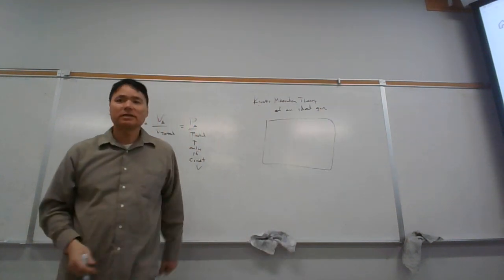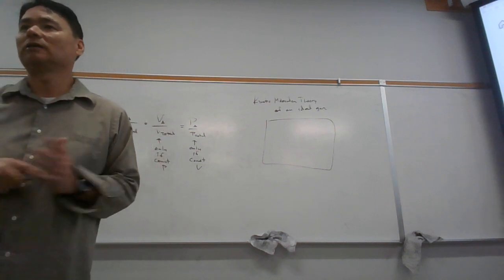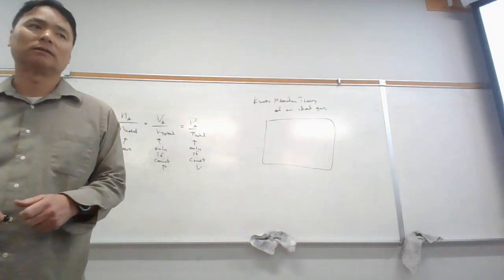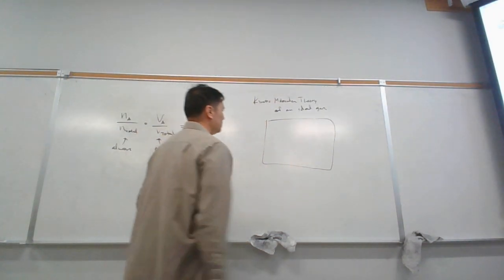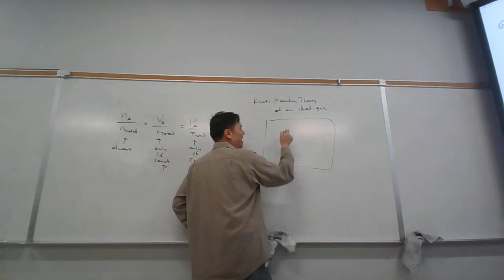Kinetic molecular theory states that if you have a gas sample, it consists mostly of occupied space or empty space? Empty space. And so this is mostly empty space, and then we have tiny particles of gas.